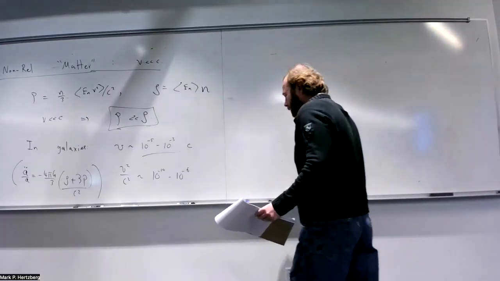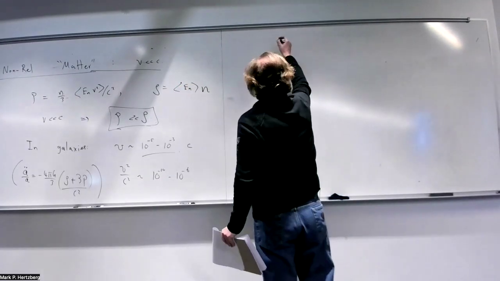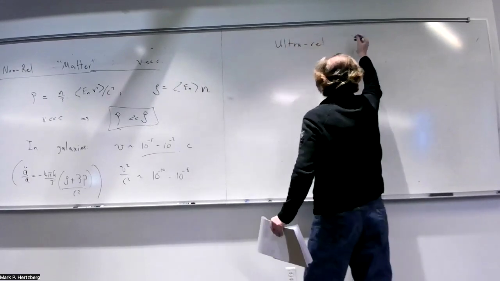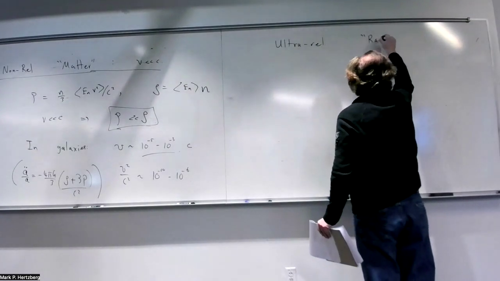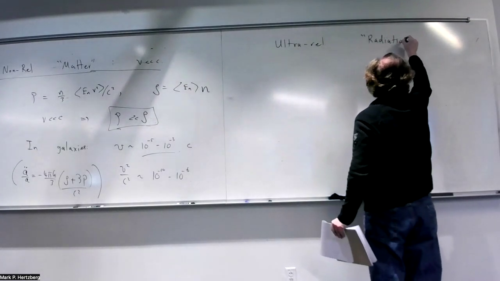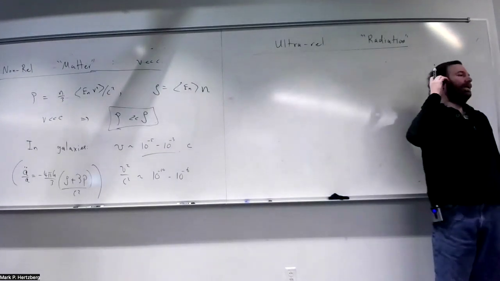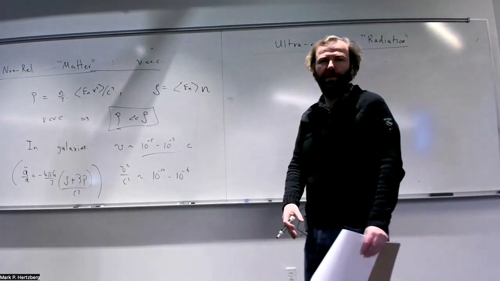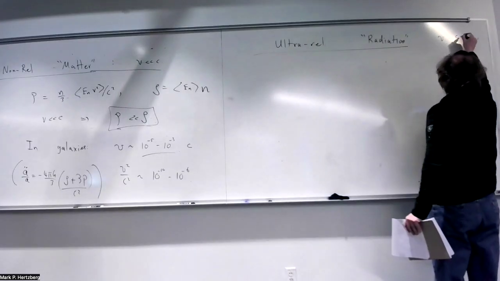Okay, now there's an opposite limit, which is just as important. We might call it ultra-relativistic matter, but people already use the word matter. Usually we call it radiation. So here I have in mind stuff that is either moving incredibly close to c, or literally moving at c like photons. We can dump them all into the same category. So here v is equal to c or near enough to c.